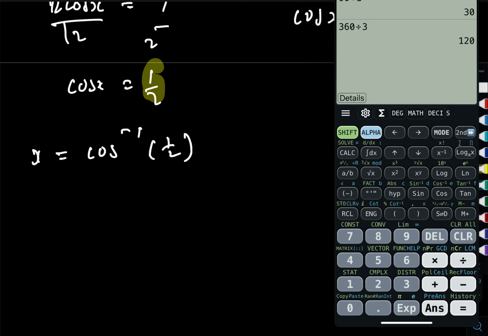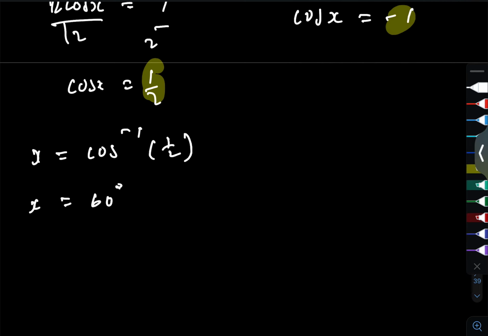Remember, it's shift, and then you put cosine, and then you put 1/2. That's going to be 60 degrees. All I need to do to the reference angle, which is the 60 degrees, is to put plus or minus before it. And then that's going to be plus 360 times k, where k is an element of z.